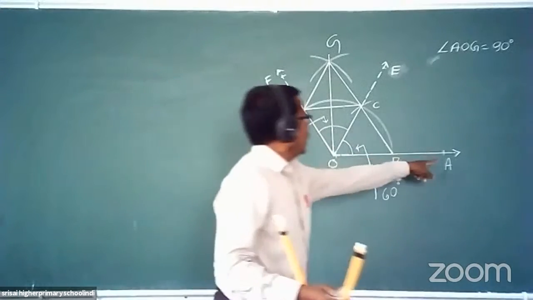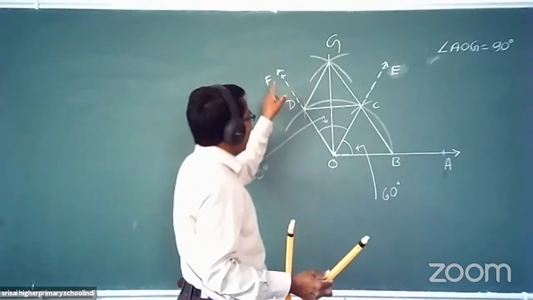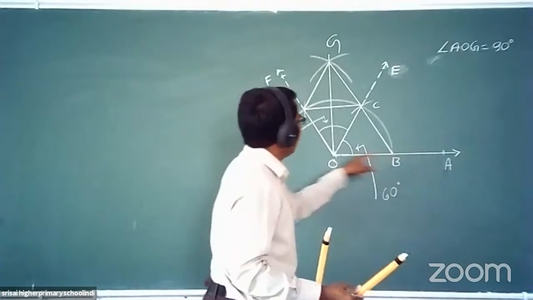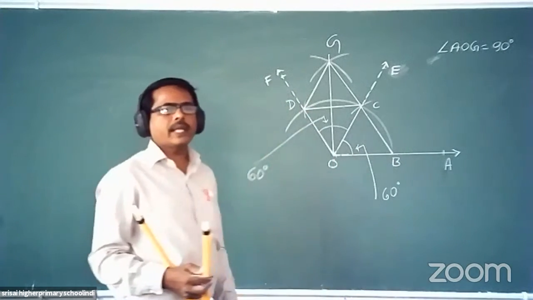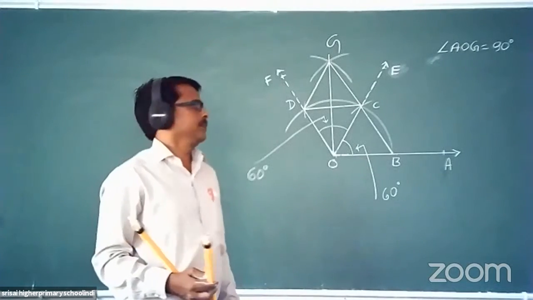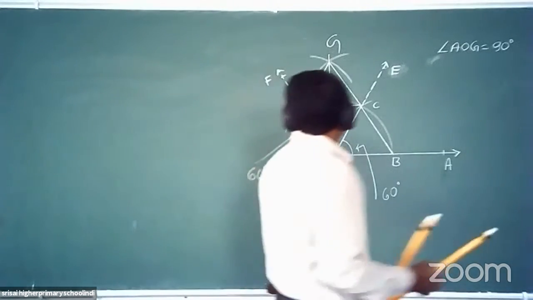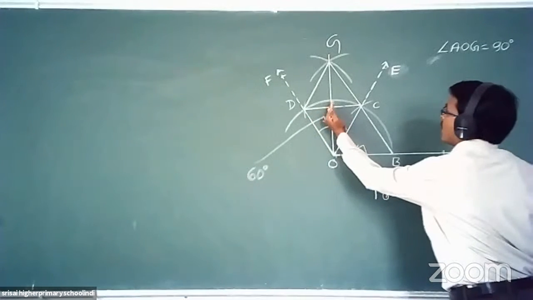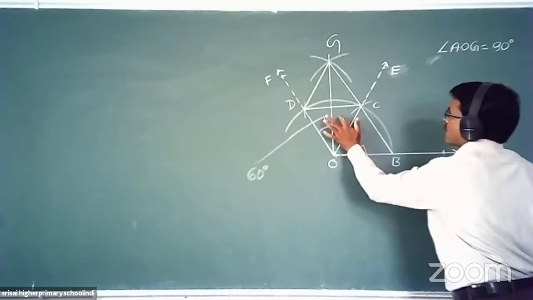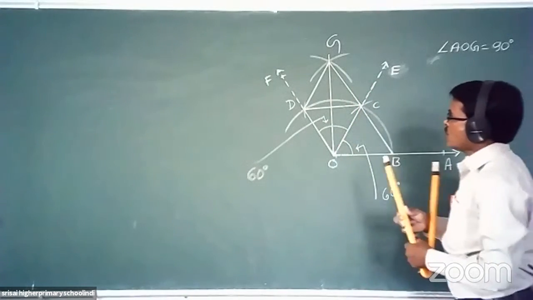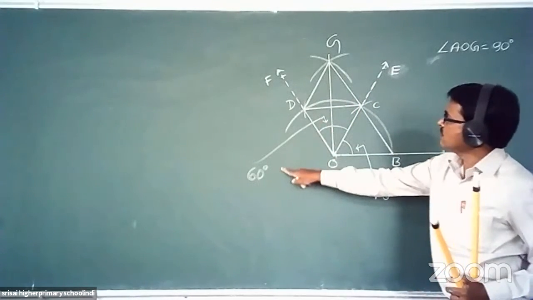Now, AOF is 60 plus 60, 120. But we need 90. So from this 60 degrees, I want only 30. Where 60 is there, I want 30 more, because 60 plus 30 becomes 90. So I should get half of 60.